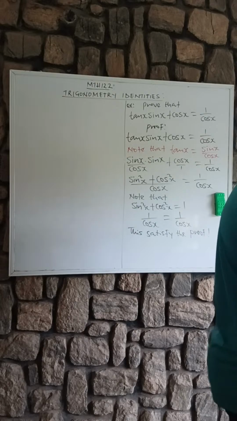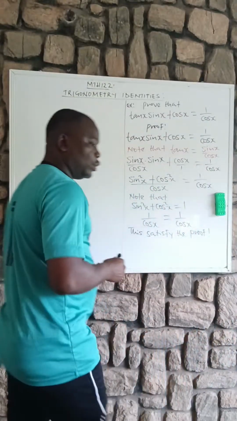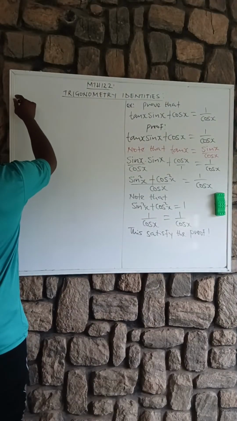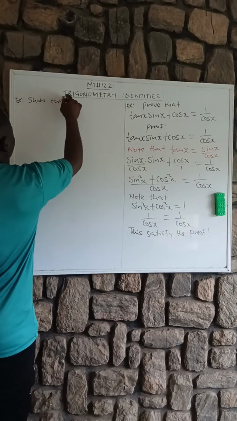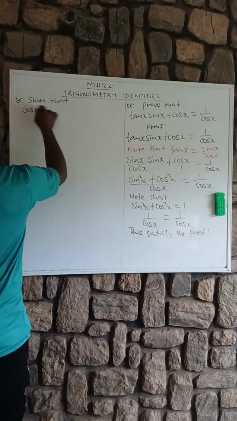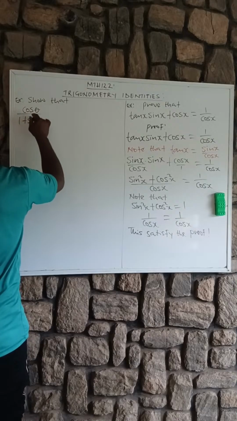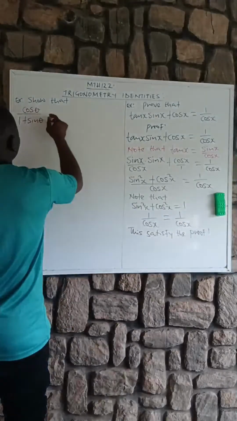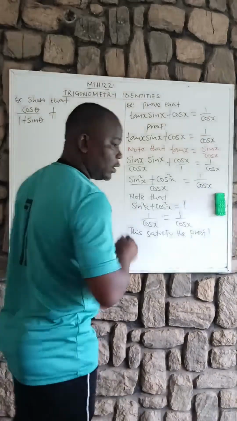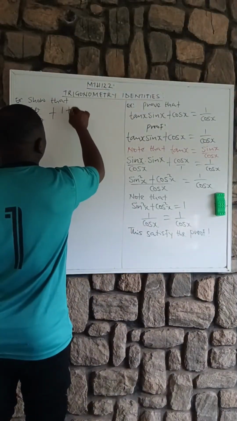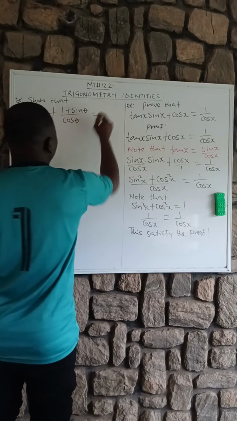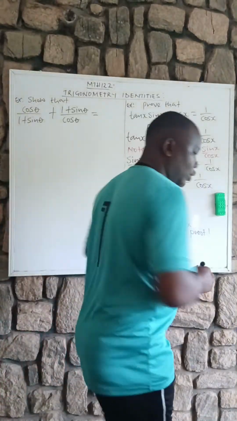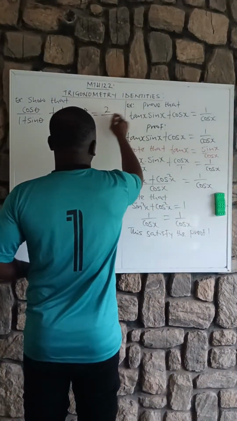Okay, here we have a question. Another example. Show that cos theta all over 1 plus sine theta plus 1 plus sine theta all over cos theta equals 2 all over cos theta.